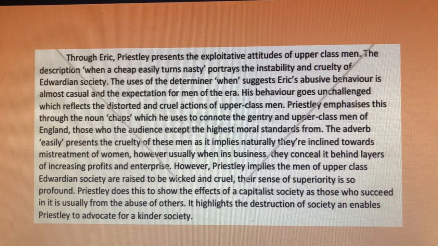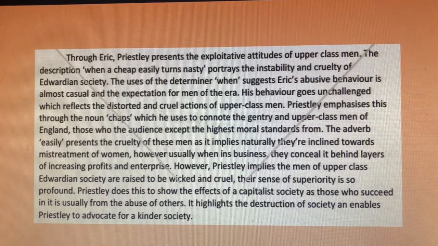Priestley emphasises this through the noun 'chaps,' which he used to connote the gentry and upper-class men of England, those who the audience accept the highest moral standards from. The adverb 'easily' presents the cruelty of these men, as it implies naturally they're inclined towards the mistreatment of women. However, usually when in business, they conceal it behind layers of increasing profits and enterprise.